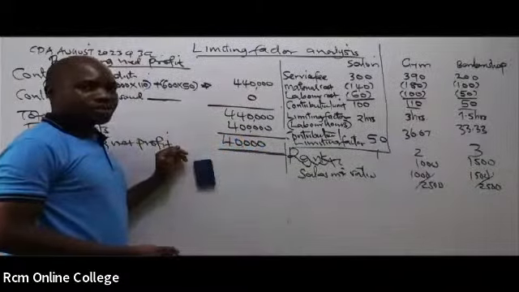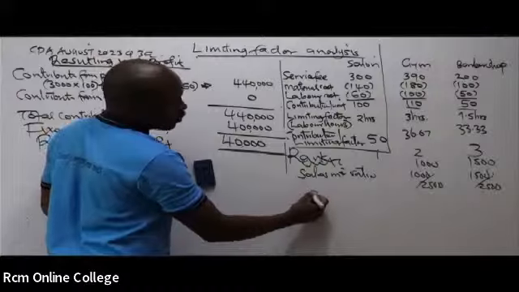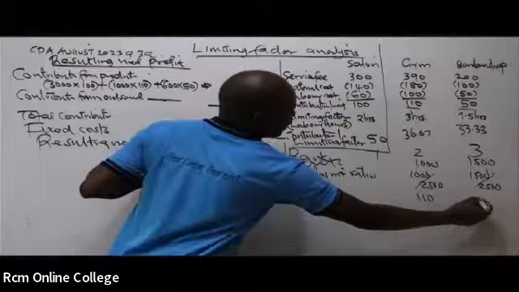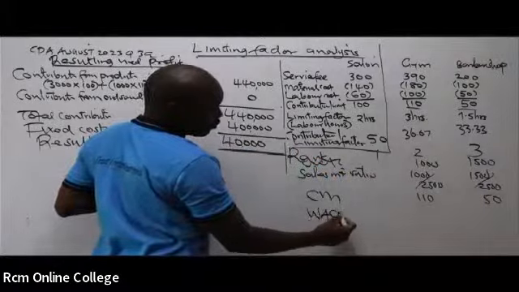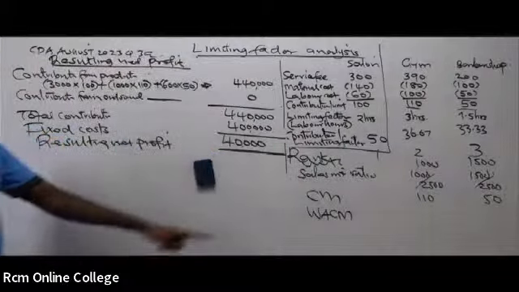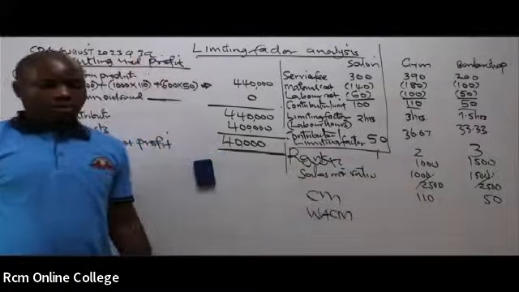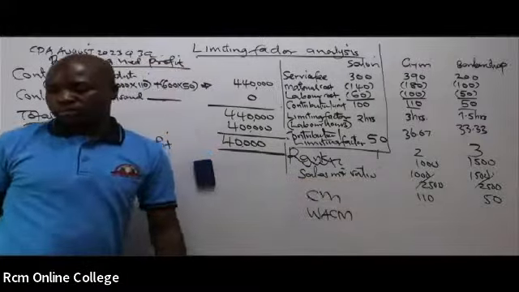Then once you have the sales mix ratio, we go to the contribution margin. We already have it here as 110 and 50. Can we get the weighted average contribution margin? It is the sales mix times contribution margin. So 1,000 over 2,500 times 110. What are you getting?